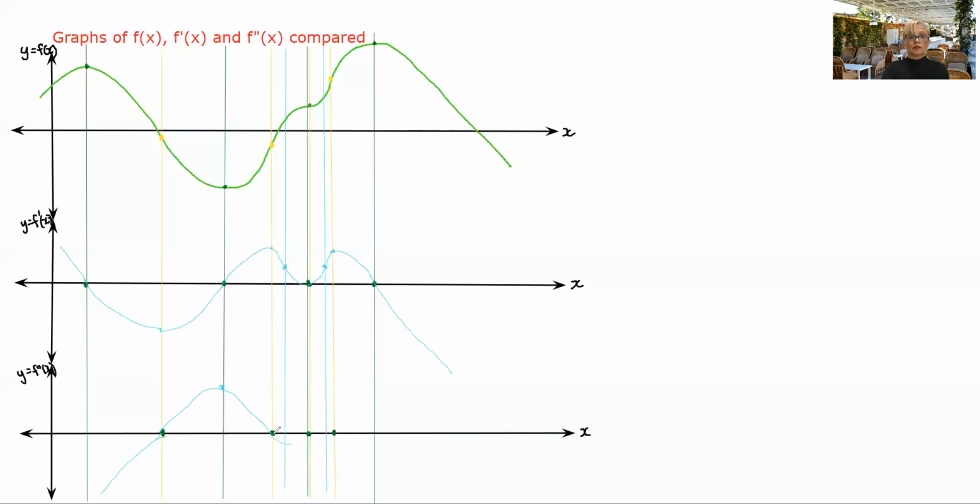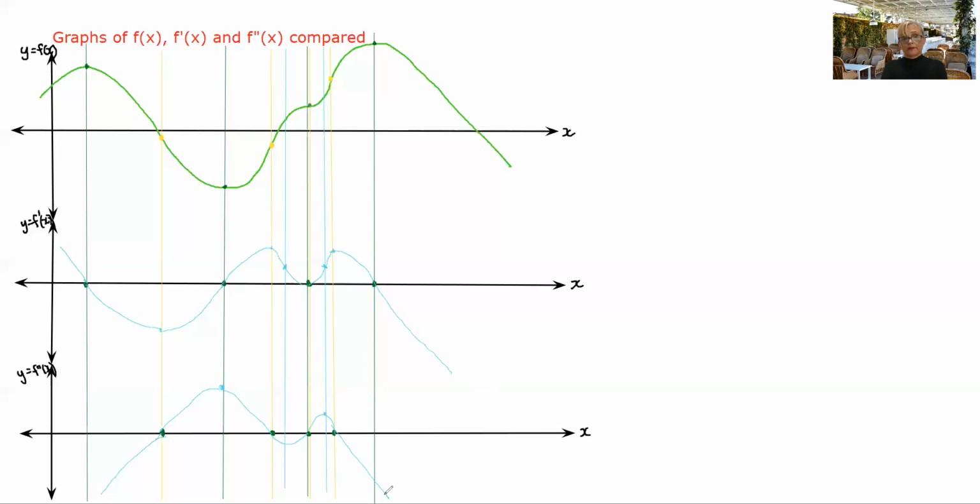Local minimum happening in here somewhere. And in this little bit here, the gradient of this is positive and increasing, and then positive and decreasing. So we've got this sort of scenario where we've got a local maximum. Then the gradient of this from then on is just going to be negative. Negative and potentially decreasing. So, you know, something like that.